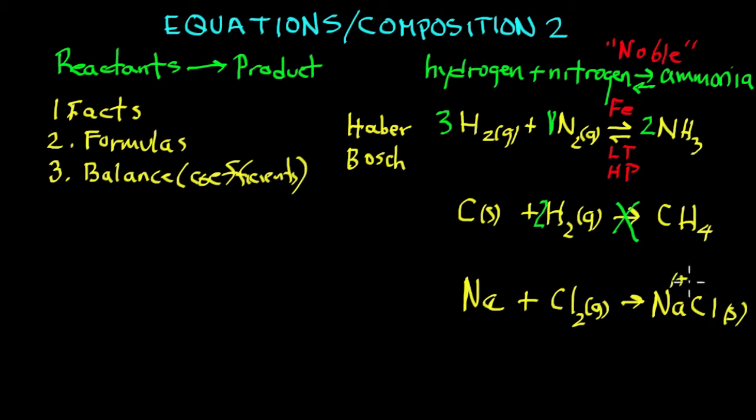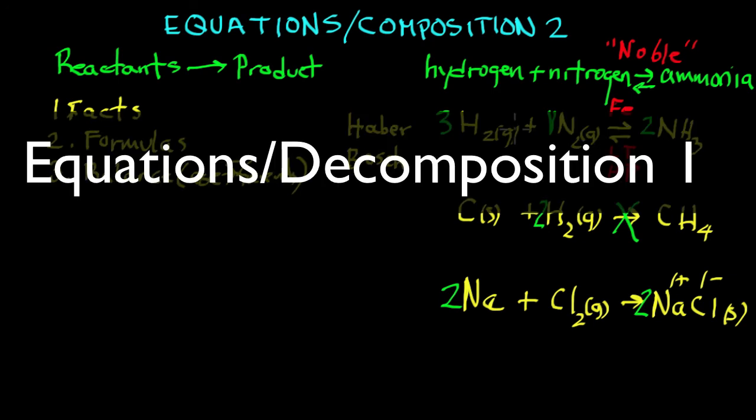Sodium chloride. 2 chlorine, and we have to put a 2 here to balance the sodiums, and we have the equation. So we played around with composition. The next thing I would like you to do is look at, instead of composition, decomposition. And the next tape, decomposition equations. And we'll stop right there.